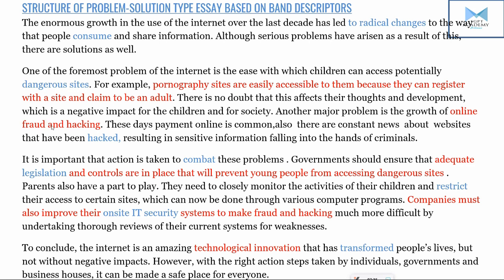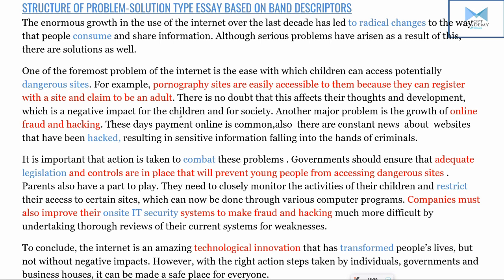So this is the second subpoint which is given, that is, online fraud is also common because of the internet. These days payment online is common. Also there are constant news reports about websites that have been hacked, resulting in sensitive information falling into the hands of criminals.